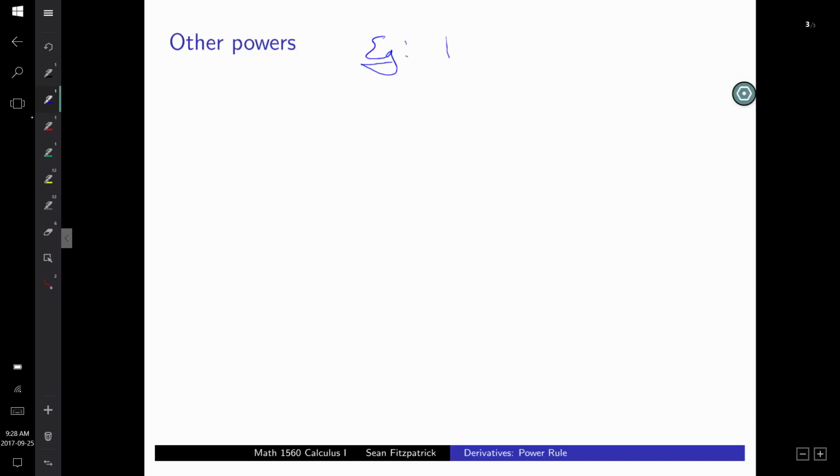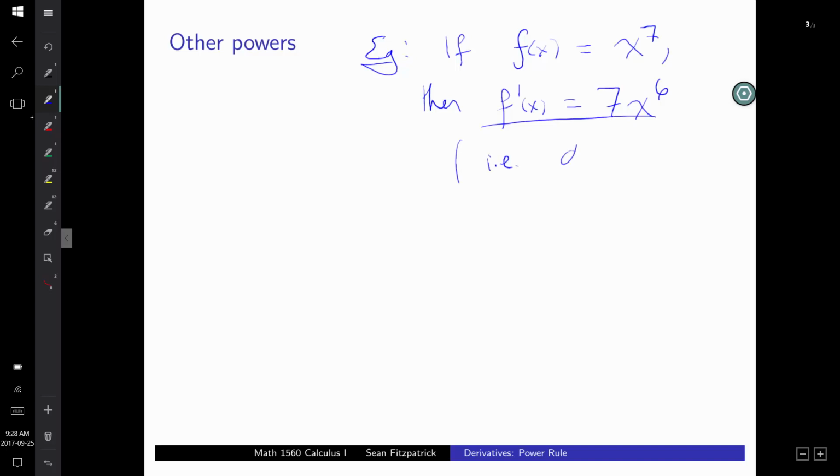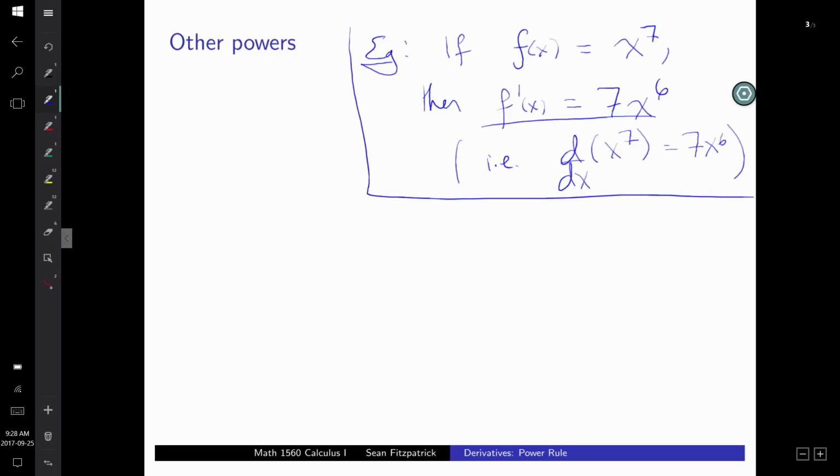If I take f of x to be, let's say, x to the 7, then f prime of x would be 7 comes down in front, I subtract 1 from 7, my new exponent is 6. So I get 7x to the 6. If you like using the Leibniz notation, you could write this as: the derivative with respect to x of x to the 7 is 7x to the 6.